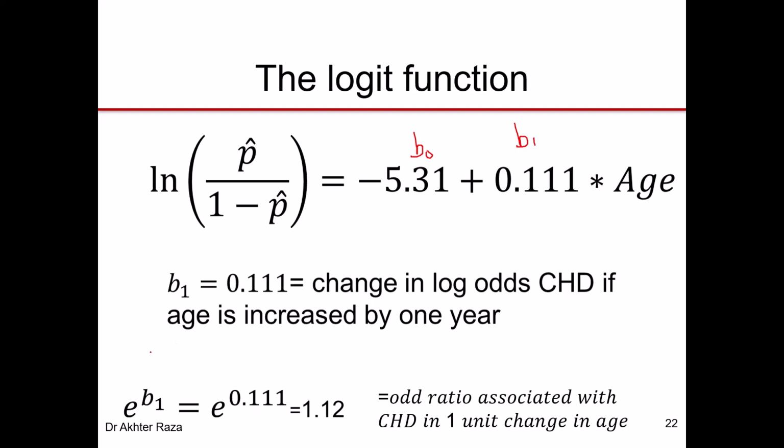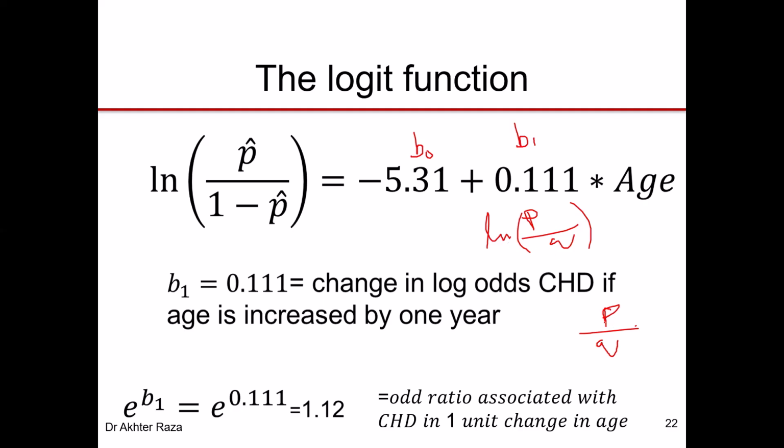Right? So you can convert the logit values by taking their exponential. The value of B1 is e^0.11. If I take the e on both sides, this is equal to 1.12. The odd ratio. What is the odd ratio? P upon Q is the odd ratio, and ln P upon Q is the ln odd ratio. So what is the difference between P upon Q and ln P upon Q?